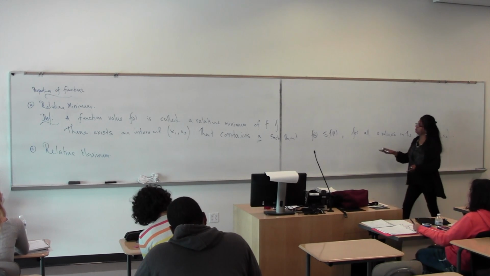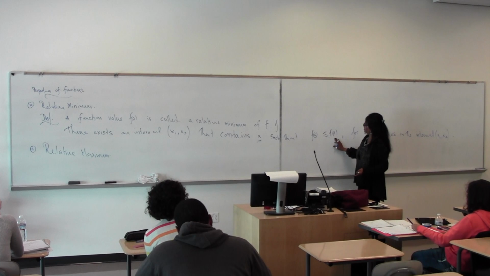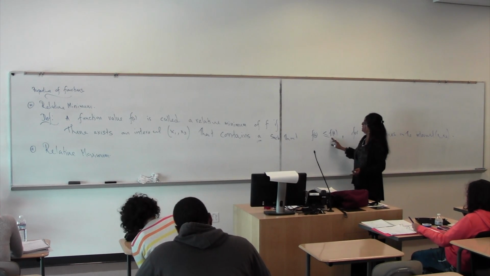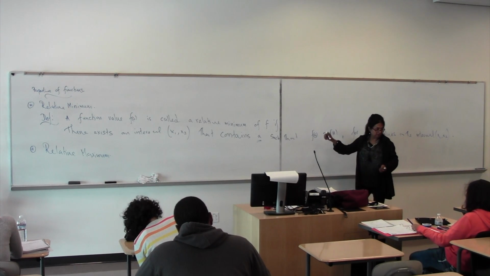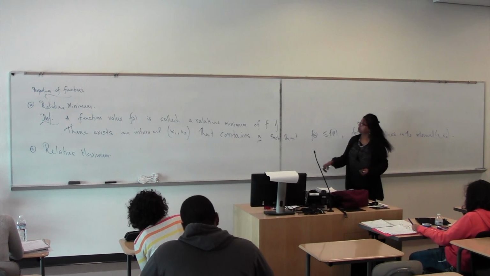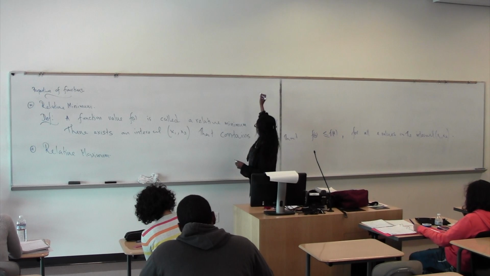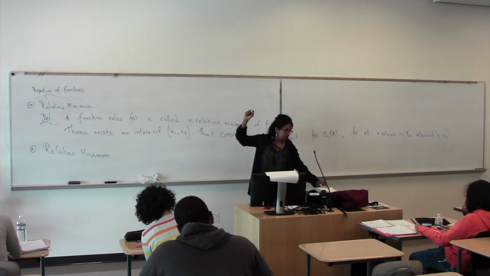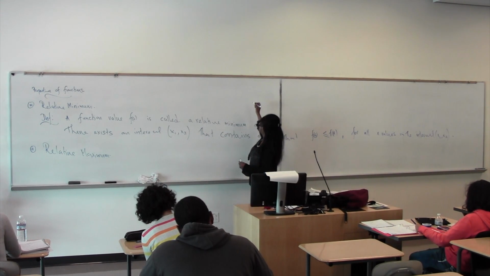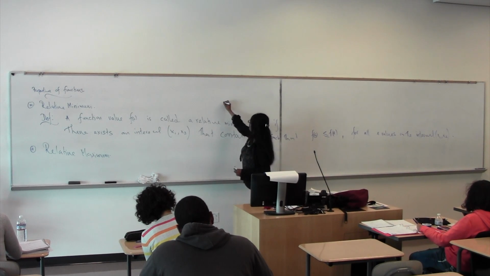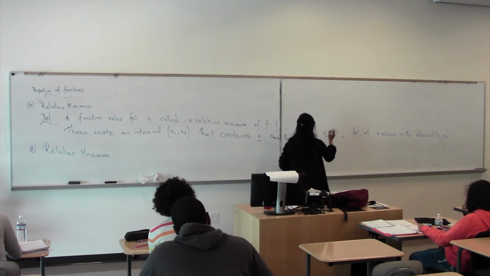For all the x values, f of x has to be, f of a has to be less than. F of a is the minimum value. So in other words, it's like this. Let me graph here the minimum.